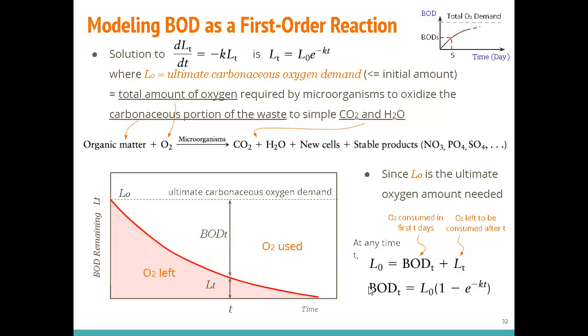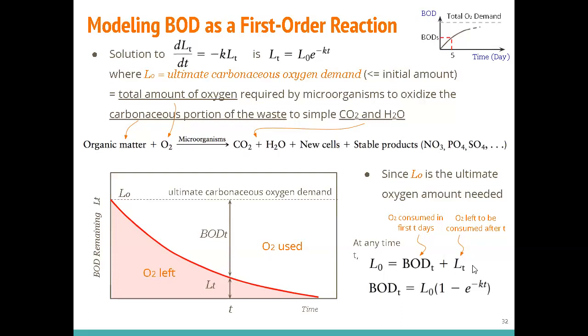Okay, which means that you can re-express this organic matter consumed, the white part, with the same equation from above. We express this as BODT. So both of them are BOD. All of them have the same unit, which is milligram per liter.